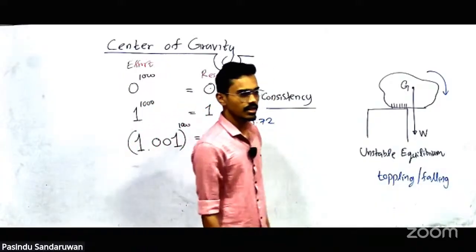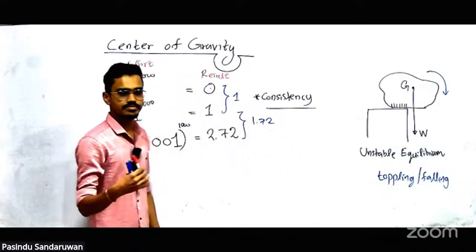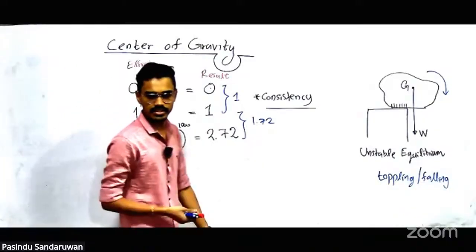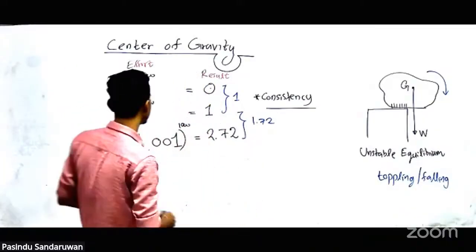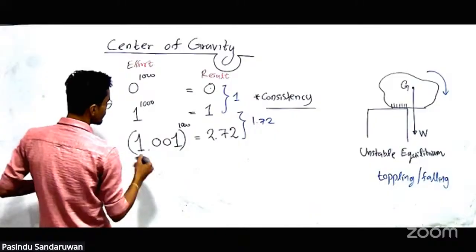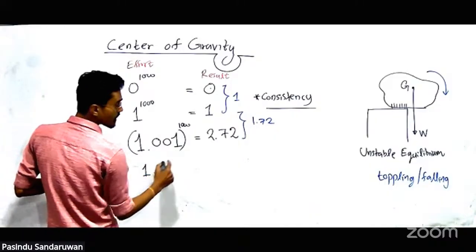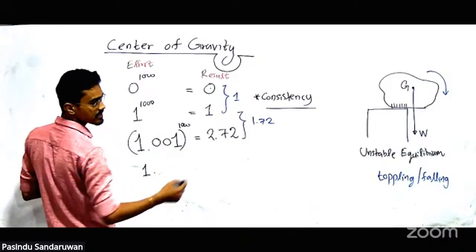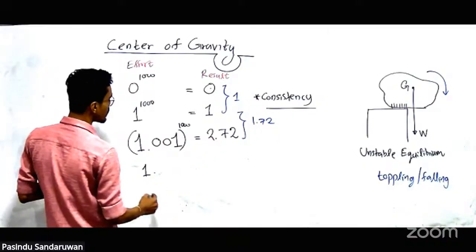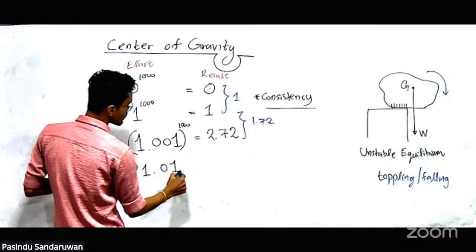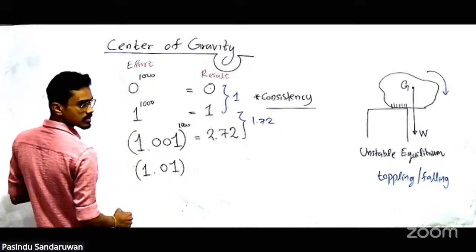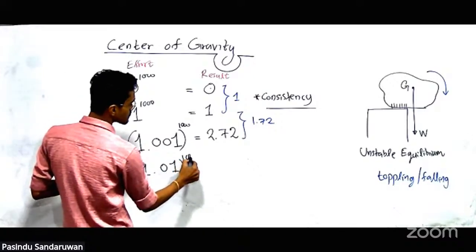Now you are increasing your effort a little bit further. Say you have increased your effort by 1 over 100, then this is 1.01, for 4,000 days.